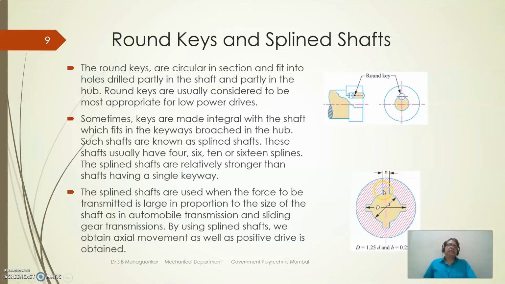It is better than the parallel type key. This is a key where we are using 4 splines. Sometimes even 6 or 16 splines can be used, for easy displacement in the axial direction.